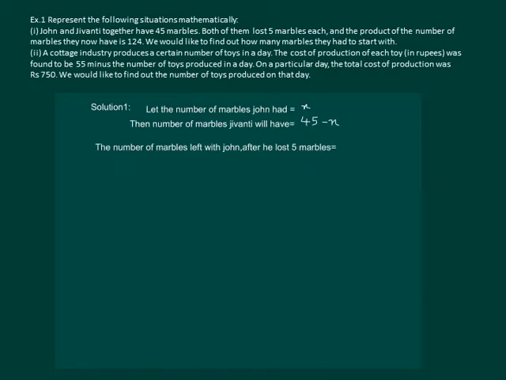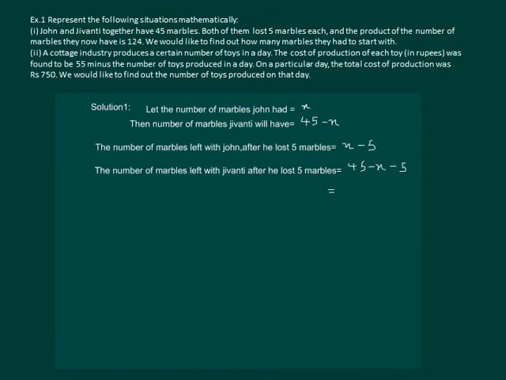Now read the question further. Both of them lost 5 marbles each. So the number of marbles left with John after he lost 5 marbles will be x − 5. And the number of marbles left with Jivanti after loss of 5 marbles will be 45 − x, which is what he had, minus 5.